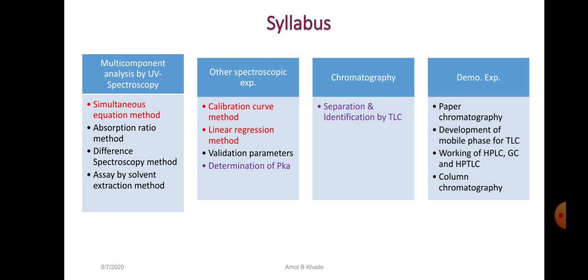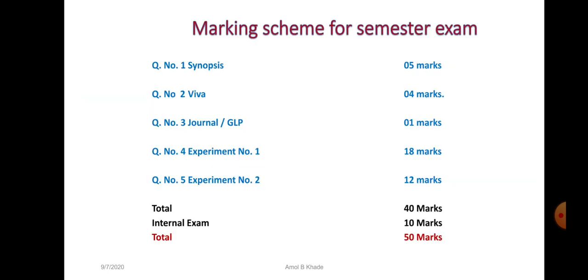So this is the syllabus content. Coming to the marking scheme for the semester examination. Usually we have a pattern like question number 1 will be the synopsis for 5 marks. Question number 2 will be the viva voce, that is 4 marks. Basically synopsis and viva will cover the maximum part of the practicals we will be discussing and the fundamentals related to that.